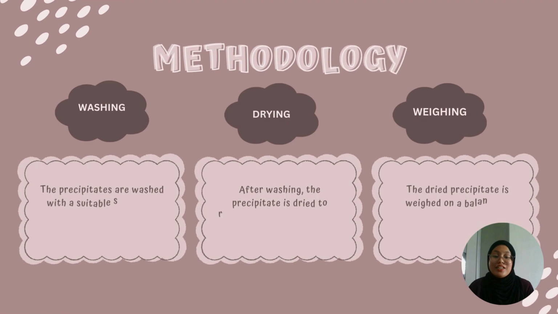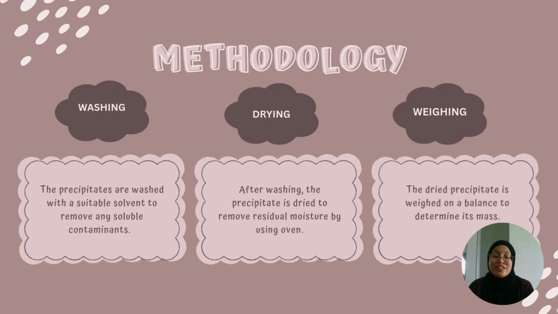Washing is where the precipitate is washed with a suitable solvent to remove any soluble contaminants. This step is crucial to ensure the purity of the precipitate. Next step, drying. After washing, the precipitate is dried to remove residual moisture by using an oven.